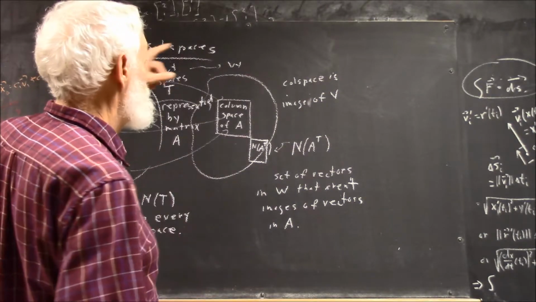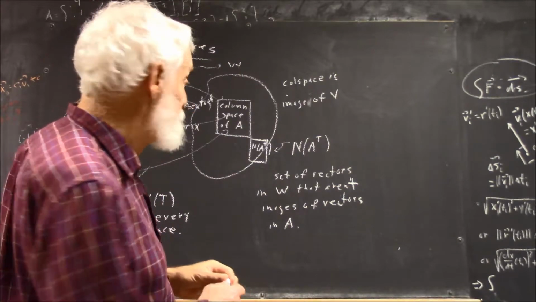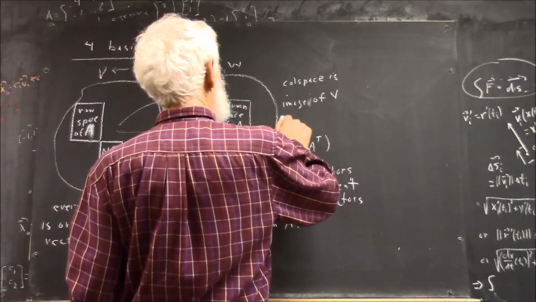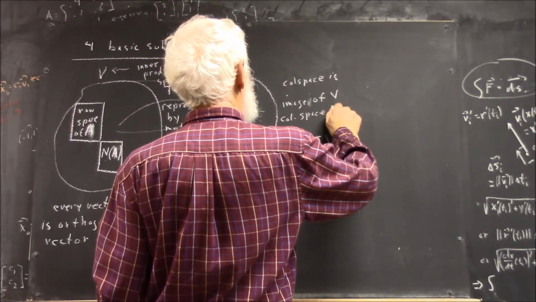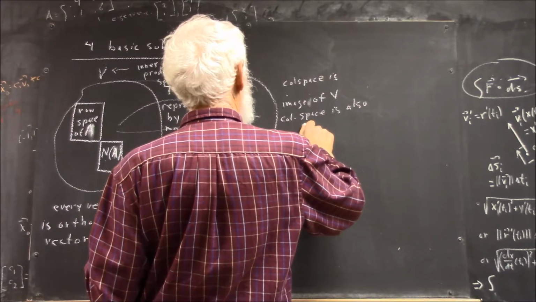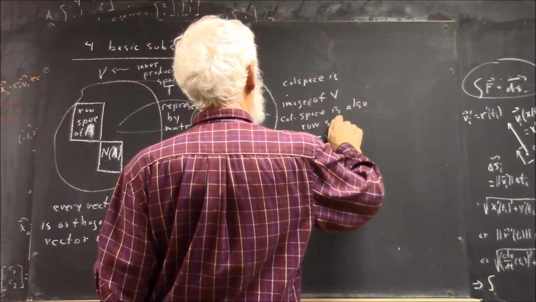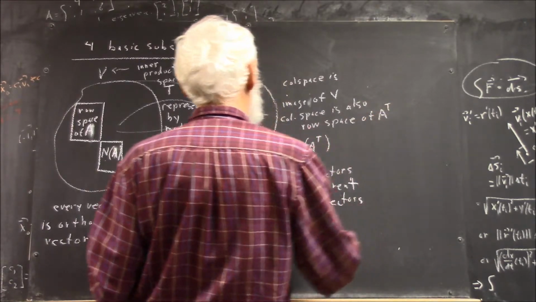The column space is the image of V, and the column space is also the row space of A transpose.